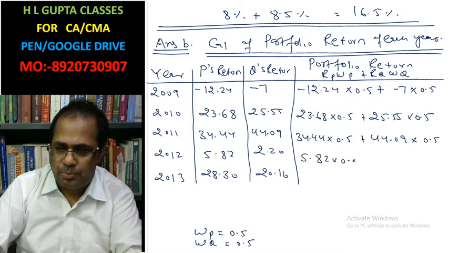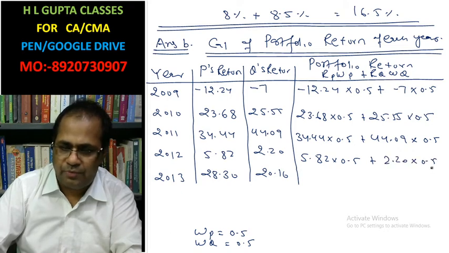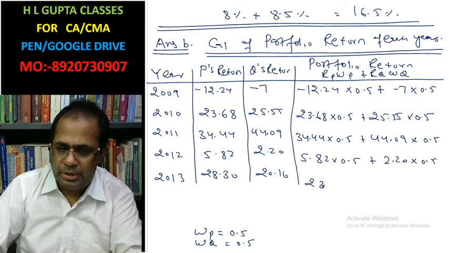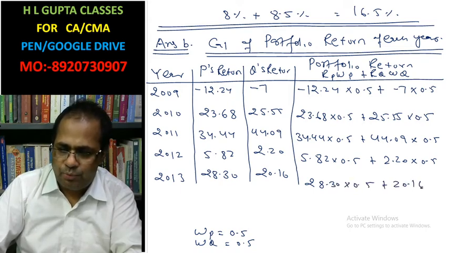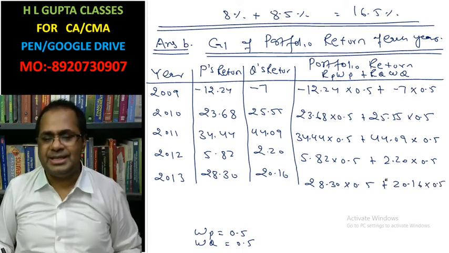Then 5.82 into 0.5 plus 2.20 into 0.5. Then 28.30 into 0.5 plus 20.16 into 0.5. This is the portfolio return of each year.